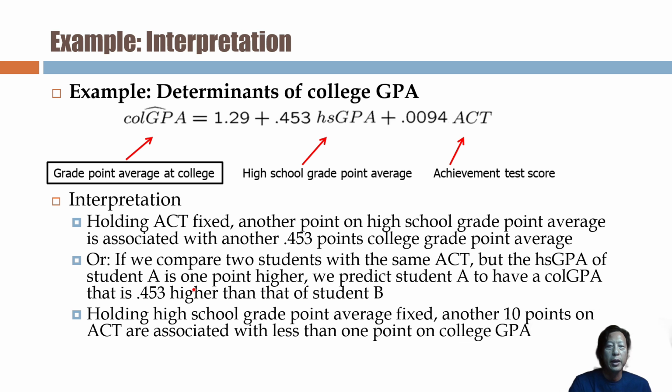Here, college GPA can be determined as 1.29 plus 0.453 times high school GPA plus 0.0094 times the achievement test score. This is the ACT, with the SAT, right?